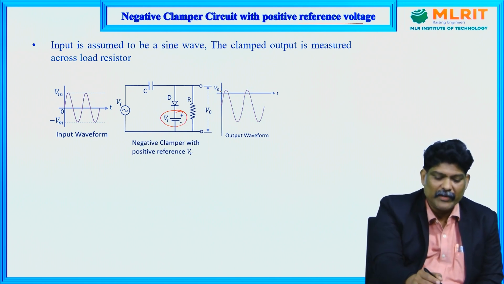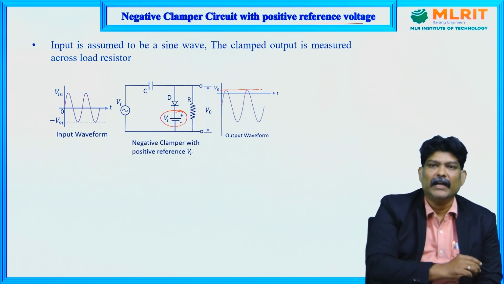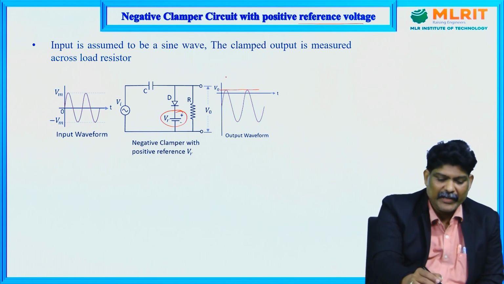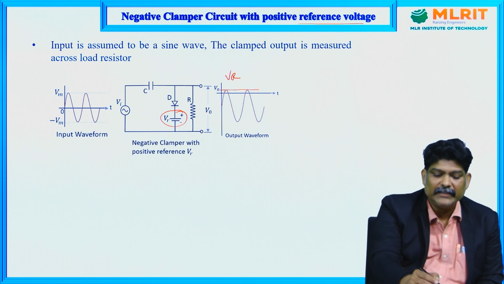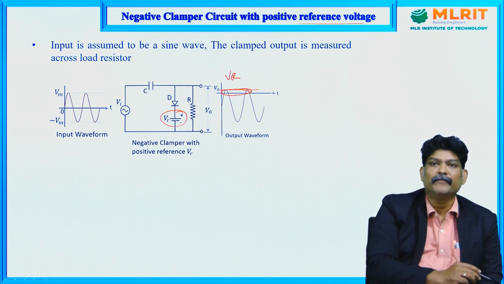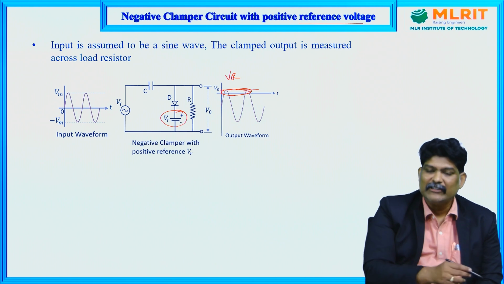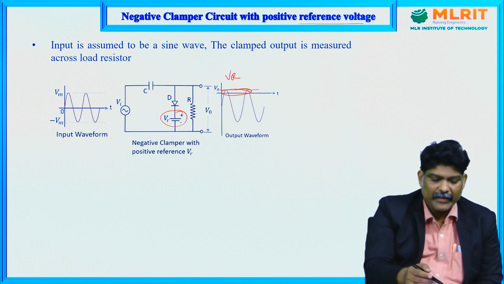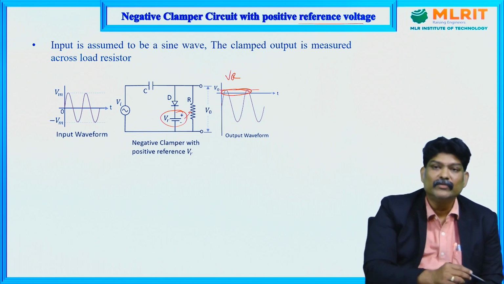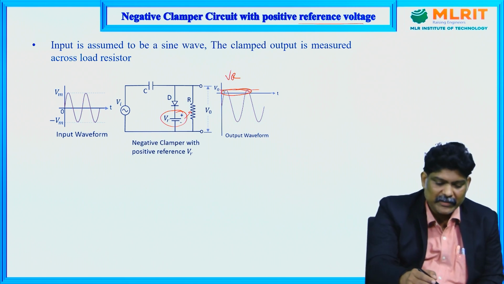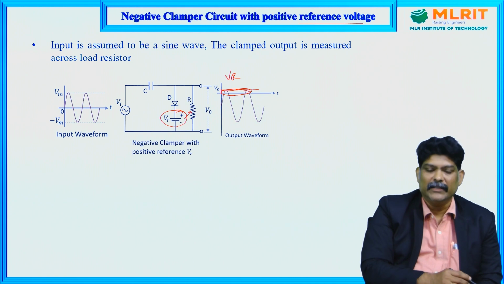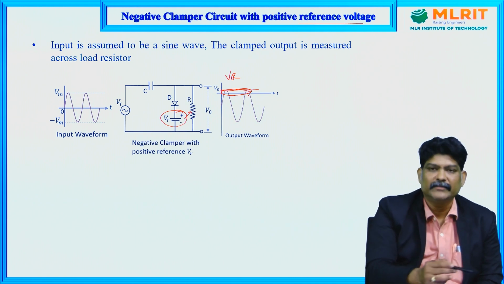The reference voltage VR is added, so some portion is on the positive side even though it is a negative clamper. The positive reference voltage will be added to the output, so it is present in the output on the positive side.